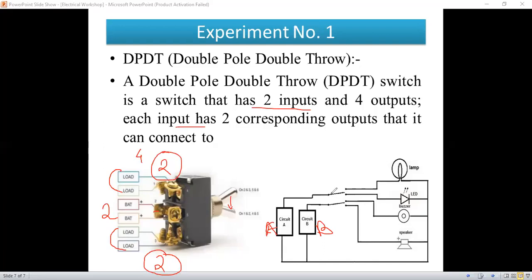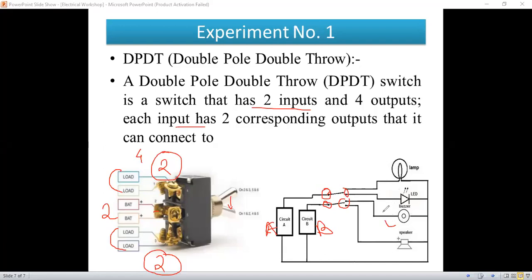At the input side there are 2 poles, that is double pole, and double throw, that means once we do a throw, at that situation it will connect twice. Double pole double throw, that means these 2 loads are connected and these 2 loads are also connected.